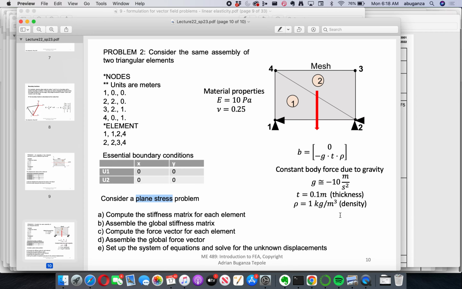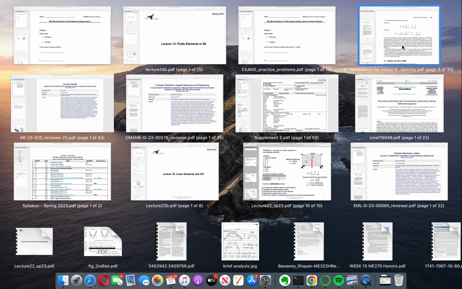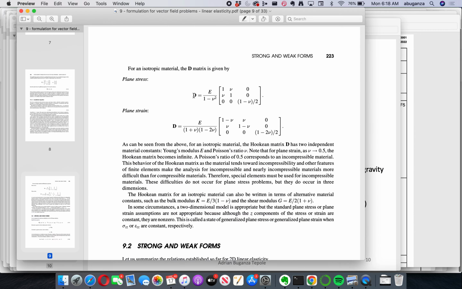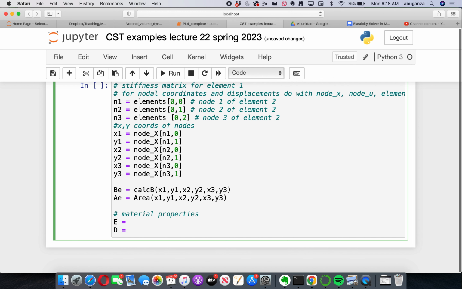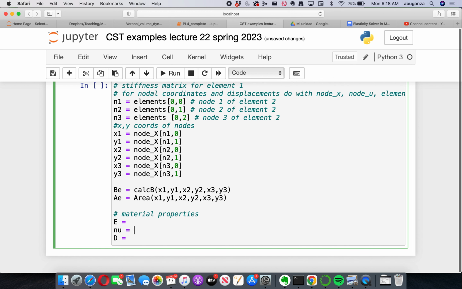So that means that out of the two, I need the plane stress one. Again, it's in chapter 9 of the book. You just need to look that up. So E over 1 minus nu squared. Let's say that I have E and I have nu.